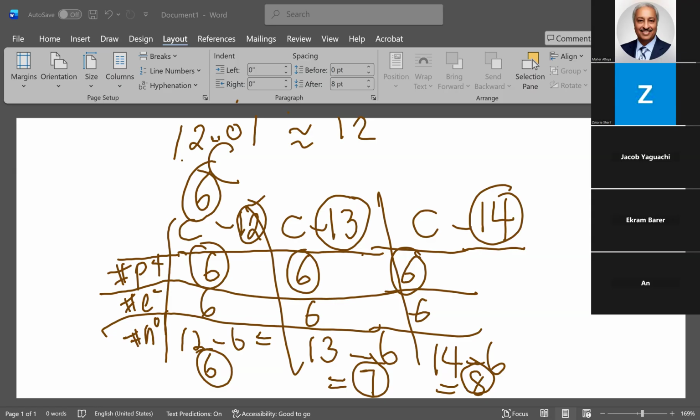Now, they come with their abundance, and as you can see here, the abundance in nature for carbon-12 is about 99%, and this is about 1%.